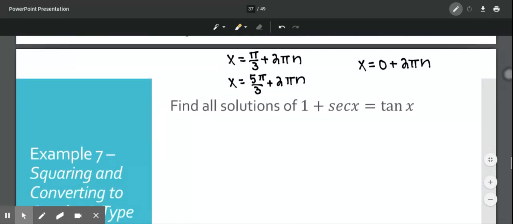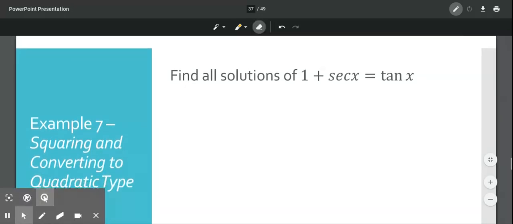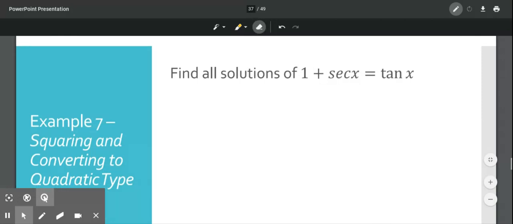All right, so when we look at this next one, with this equation, you have 1 plus secant equals tangent, and there's really just not a lot you can do with that. But if the tangent was tangent squared, then you could substitute in for secant squared minus 1.